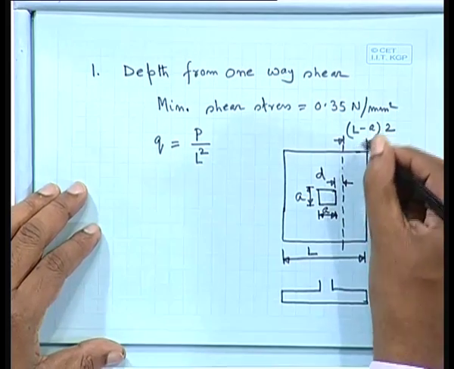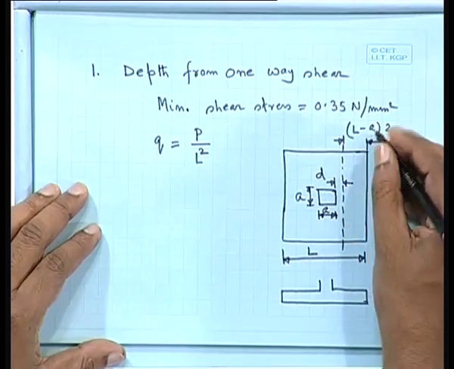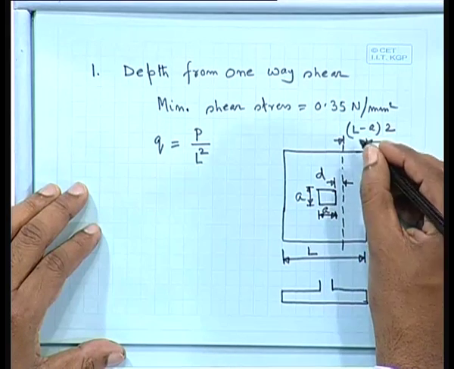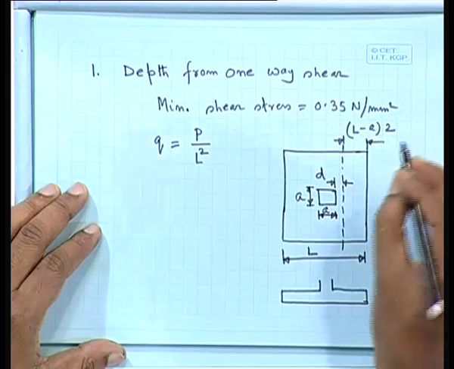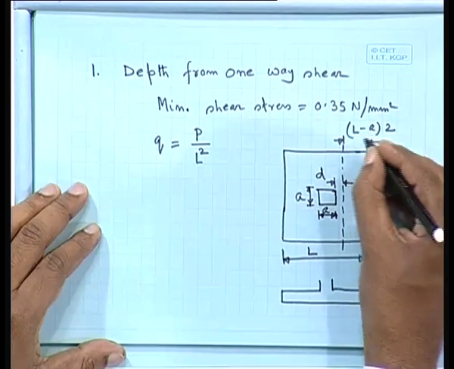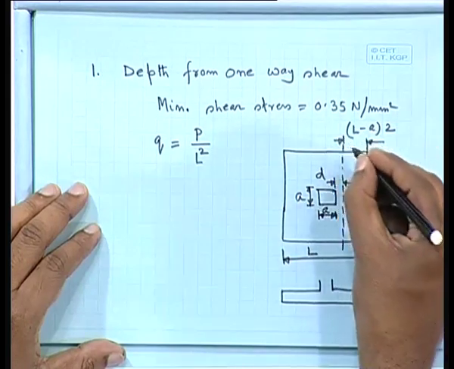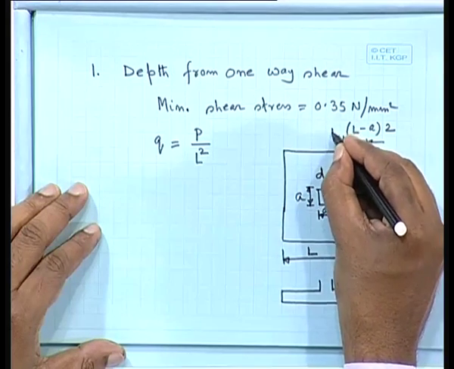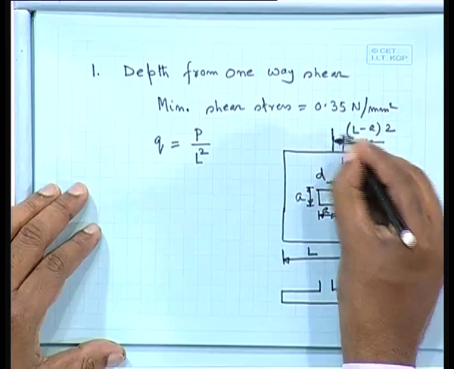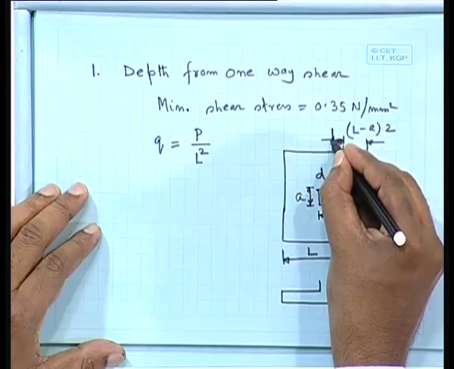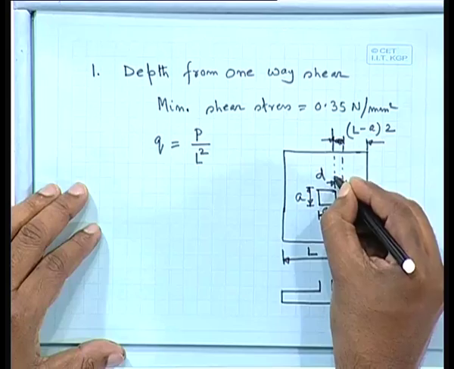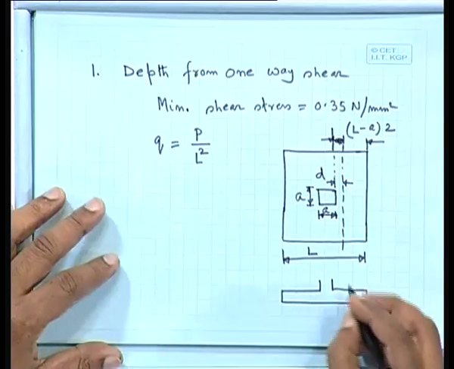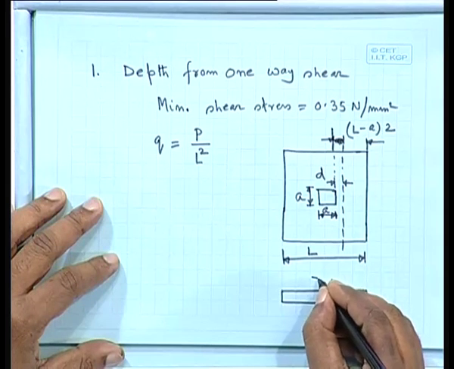So, L minus A by 2, from the face of the column.